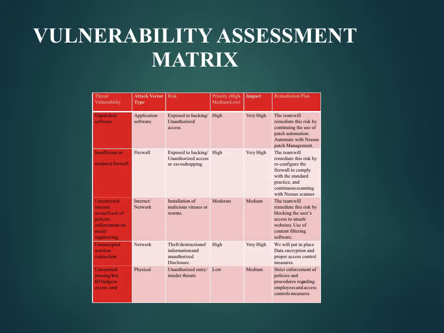Unencrypted wireless connections should be mitigated by the proper placement of data encryption and proper access control methods for wireless connections. Unreported or missing ID badges or access cards should be mitigated by strict enforcement policies and procedures regarding employees and access control methods.